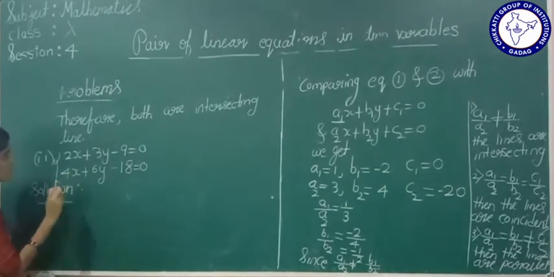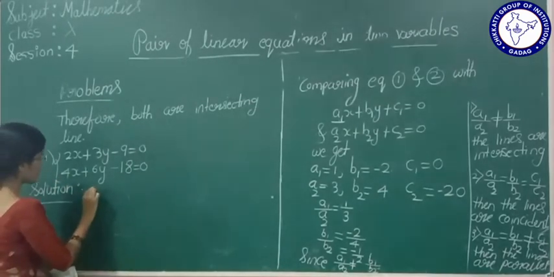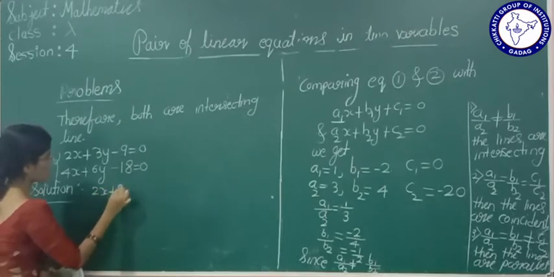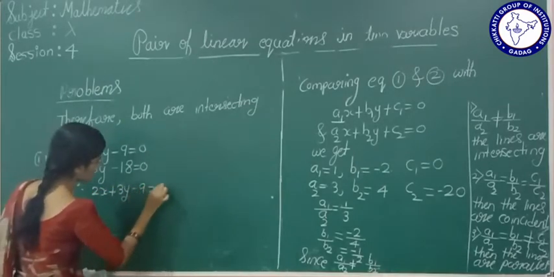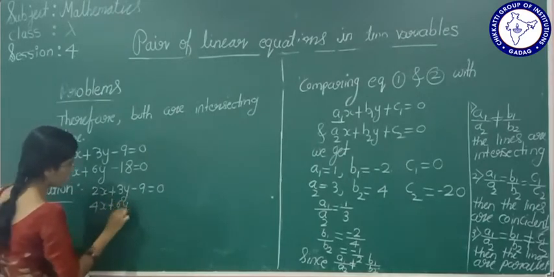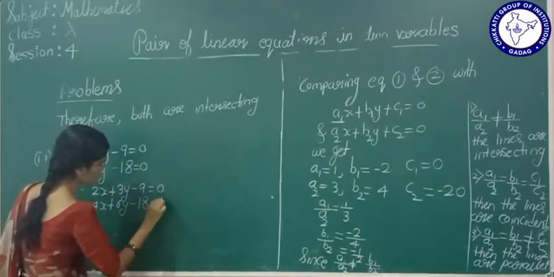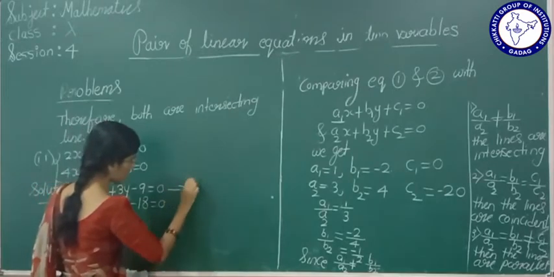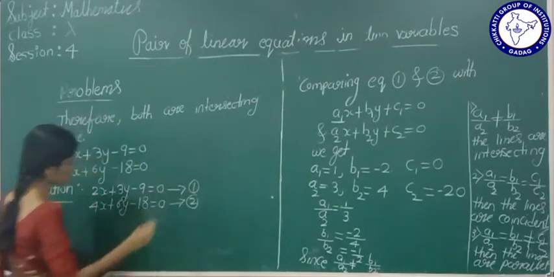Okay, see, given, what are they given? 2x plus 3y minus 9 is equal to 0. 4x plus 6y minus 18 is equal to 0. Call this as equation number 1, equation number 2.